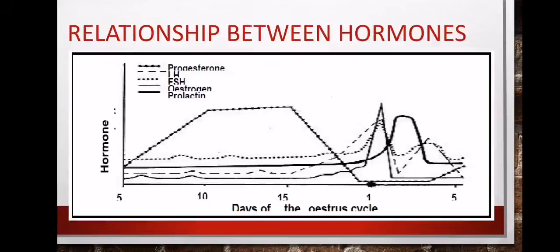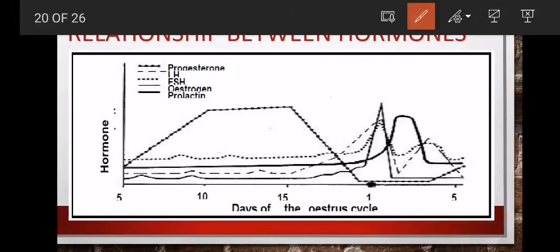But before we get there, let's look at the key here. Assist me by identifying the key. We have this hormone that is going up this way. This one is your progesterone, I think I'm right on that one. Then we have this one, which is your FSH.